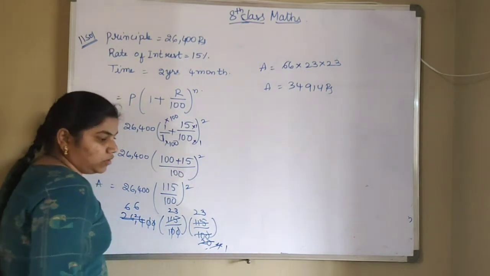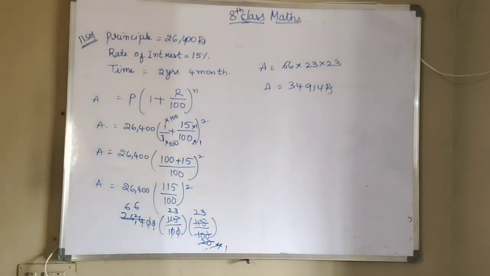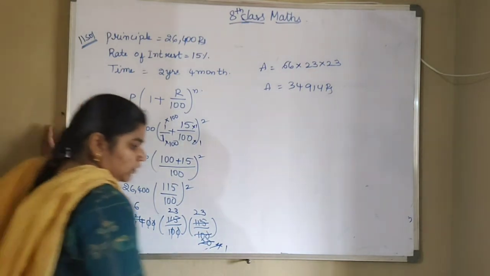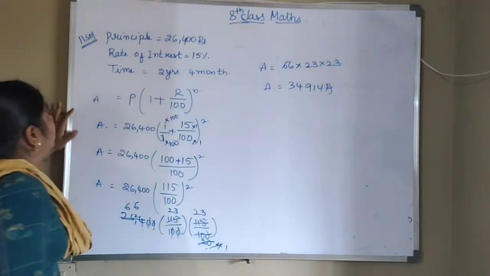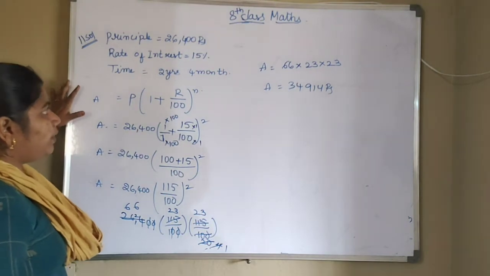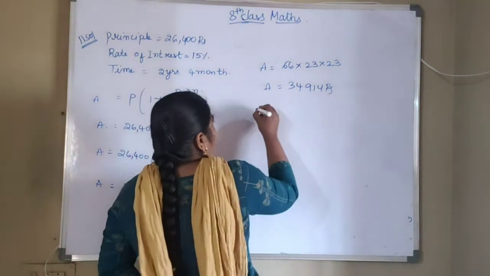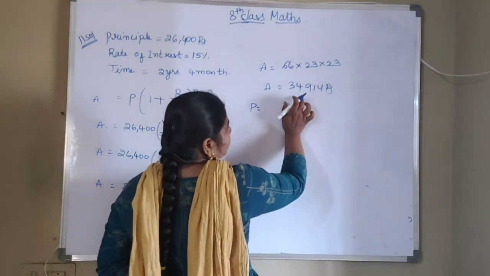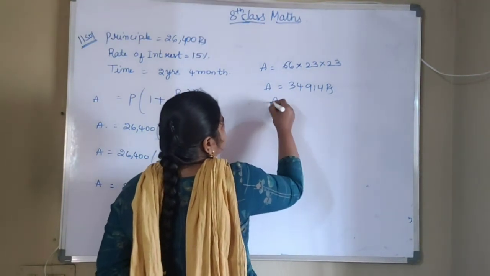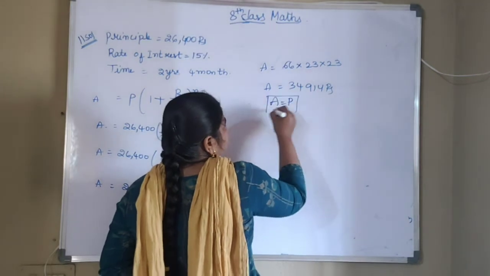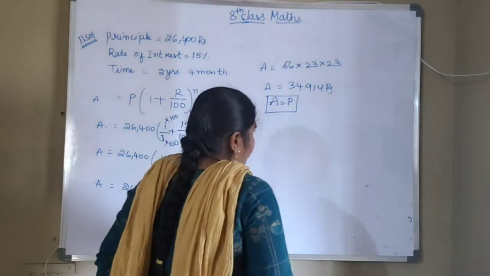So this is for rate of interest. Now this is for 2 years. Now we are finding for 4 months. So how to find it for 4 months? Already we know the principal value. Now this amount value will be equal to the principal.